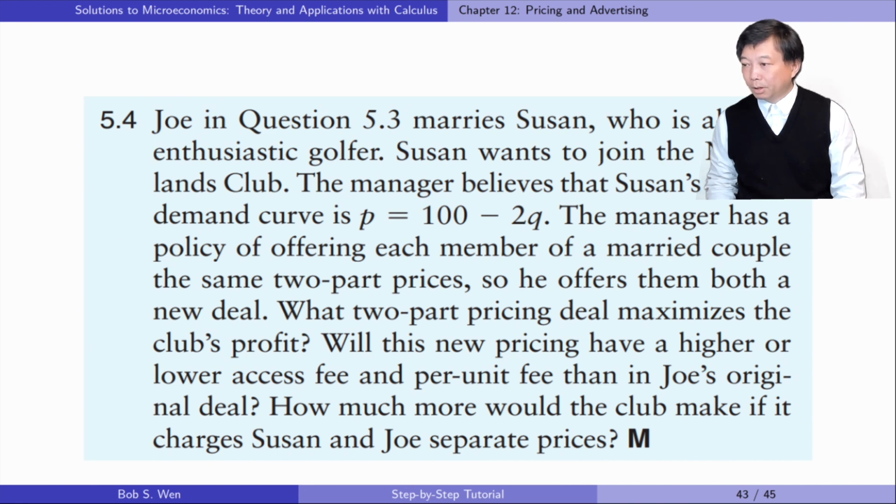So he offers them both a new deal. What two-part pricing deal maximizes the club's profit? Will this new price have a higher or lower access fee and per unit price than in Joe's original deal? How much more would the club make if it charges Suzanne and Joe separate prices?